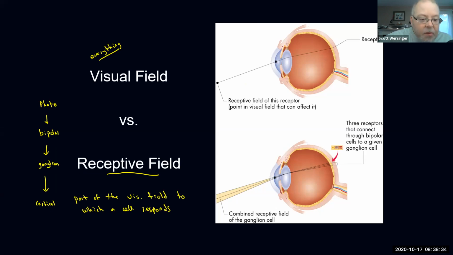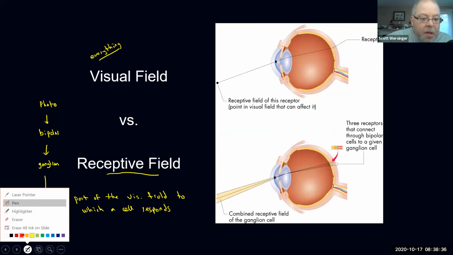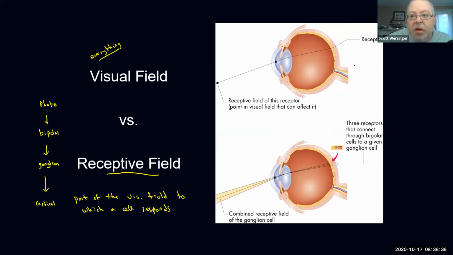So this diagram sort of shows you that. If you look at an individual photoreceptor, everything here is the visual field. If we take a point of light, just a very tiny point, that is going to hit one photoreceptor. Okay, so if it hits that photoreceptor, that place in space is that photoreceptor's receptive field.